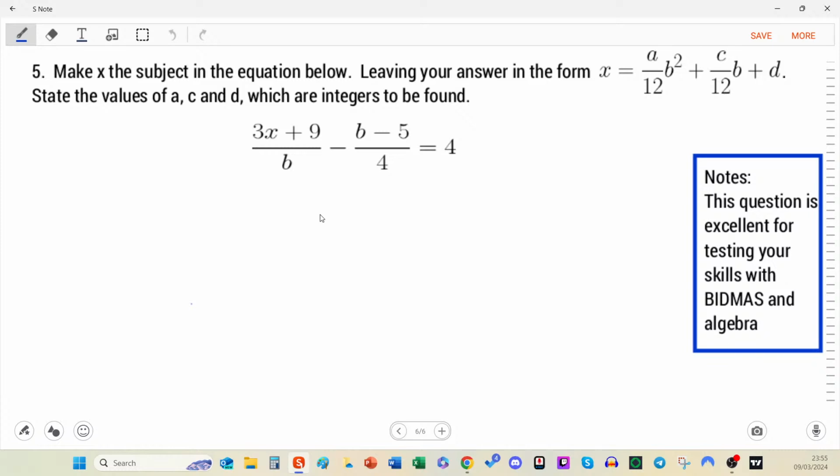This question is excellent for testing skills with BIDMAS and algebra. All right, make x the subject in the equation below. Gosh, what can I say? When we rearrange equations, for some reason, it's one of those skills that people don't like.